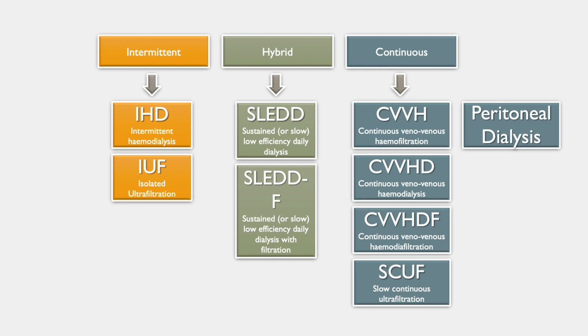You can have standalone hemofiltration in CVVH and standalone hemodialysis in CVVHD, and these two can be combined to produce continuous veno-venous hemodiafiltration, where arguably the merits of both dialysis and hemofiltration can be achieved.